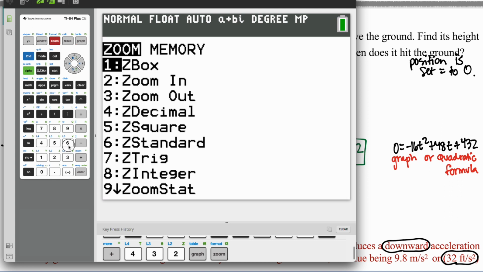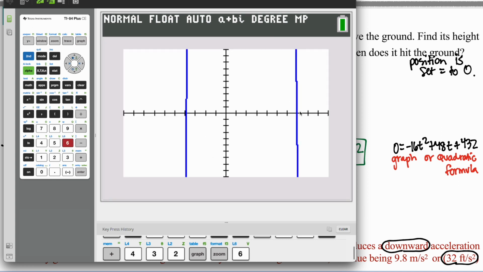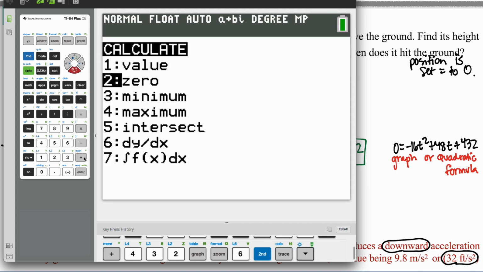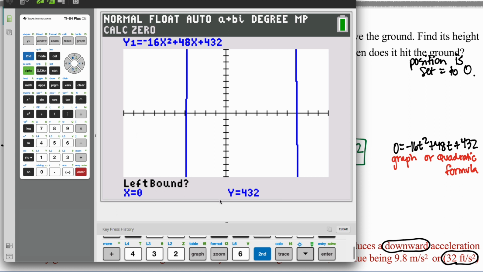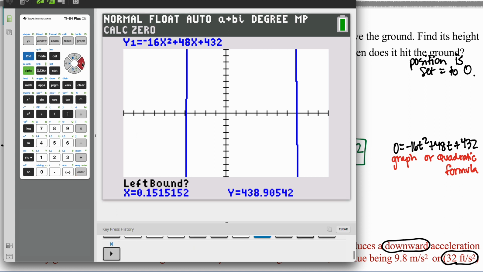Okay, if I graph, well, it shows me right there. I'm still going to go back to Zoom 6, and I can see that it crosses in two places. We don't care about the negative because you can't have negative time, so we only care about the positive. So I'm going to hit second, trace, and go to the zero. I'm looking for when my y values are getting close to 0. That's how I know that I'm getting close. I'm at 40.